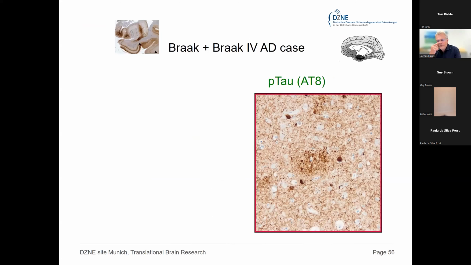If you stain for phospho-tau, you have this typical appearance of something brown. You see the entire tissue is brown. You have some neuronal inclusions, and you have this enhanced signal here, but you see throughout the tissue a delicate staining of axons and dendrites. And this coincides with the mild cognitive changes the patients have at this stage.